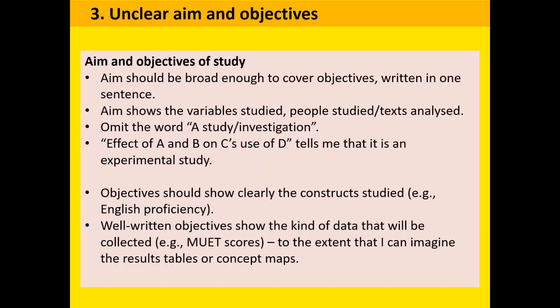Or if you are not doing studies that collect quantitative data, when I see your objective, I can imagine maybe concept maps or the kind of excerpts that you are going to include to support your results. That is how clear objectives are, because they point to your data. So this is the clarity I mean when we talk about aims and objectives.